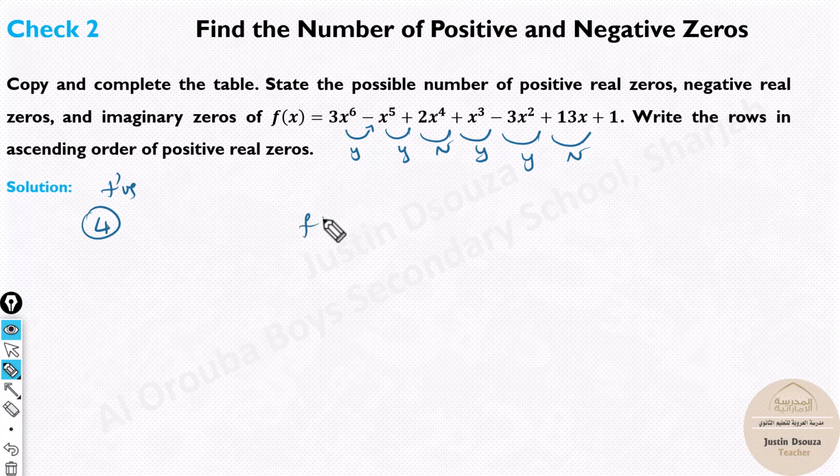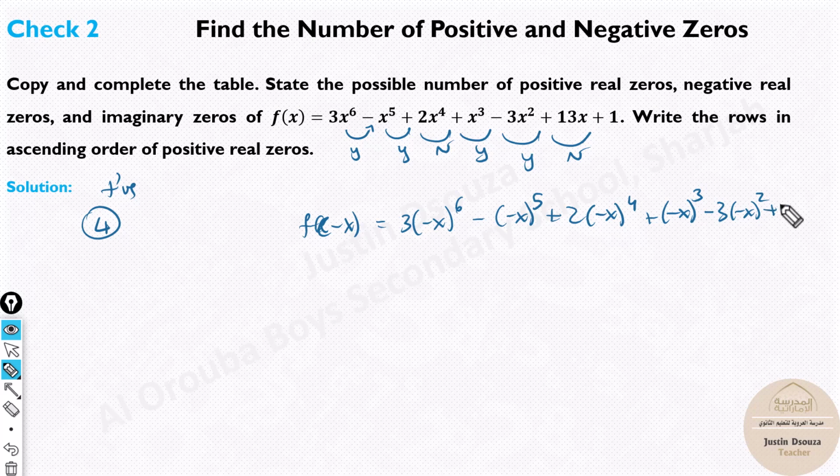And what about the negative real zeros? It will be f of minus x. So here we will have 3 times minus x the whole power 6, minus minus x the whole power 5, plus 2 times minus x the whole power 4, plus minus x whole cube, minus 3 times minus x the whole square, plus 13 times minus x, and lastly we have plus 1. And let's solve this up.